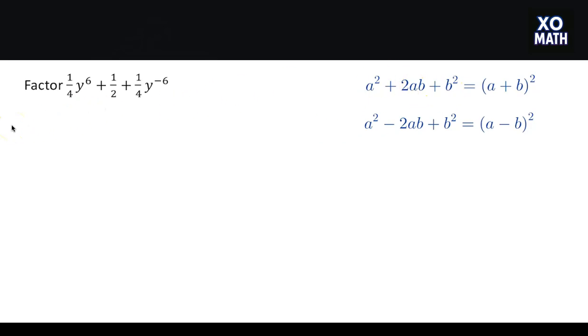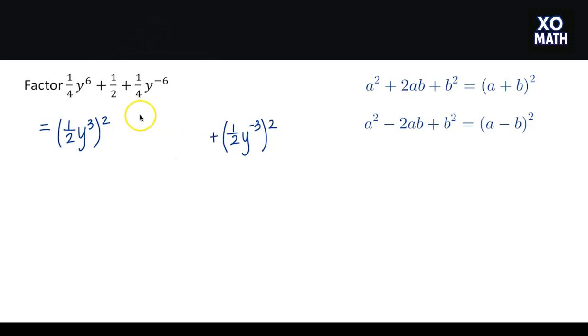So the first term can be rewritten as 1/2 y cubed, all squared, so a squared. And then the last term can be rewritten as 1/2 y to the negative 3, all squared. So I have a squared in the front and b squared all the way in the back.